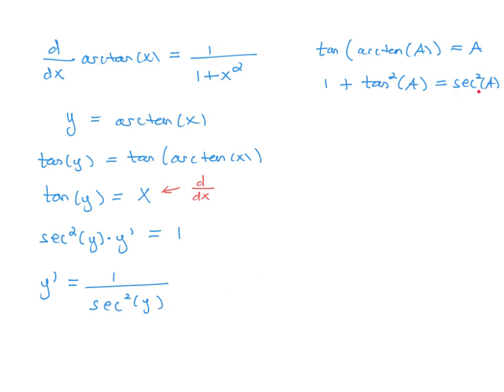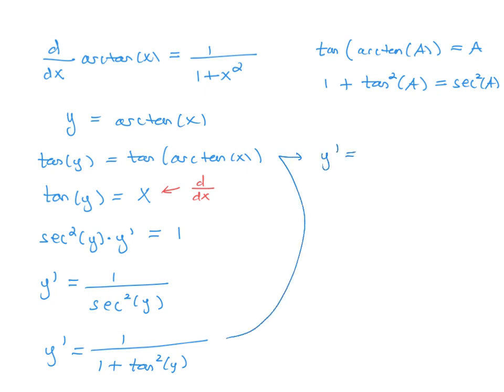However, I'm going to replace secant squared of y with 1 plus tangent squared of y. So y prime is equal to 1 divided by 1 plus tangent squared of y. Ultimately, I'm trying to get to this thing here, which is in terms of x. Now, y is the same thing as arctangent of x. Let's go ahead and plug that in.